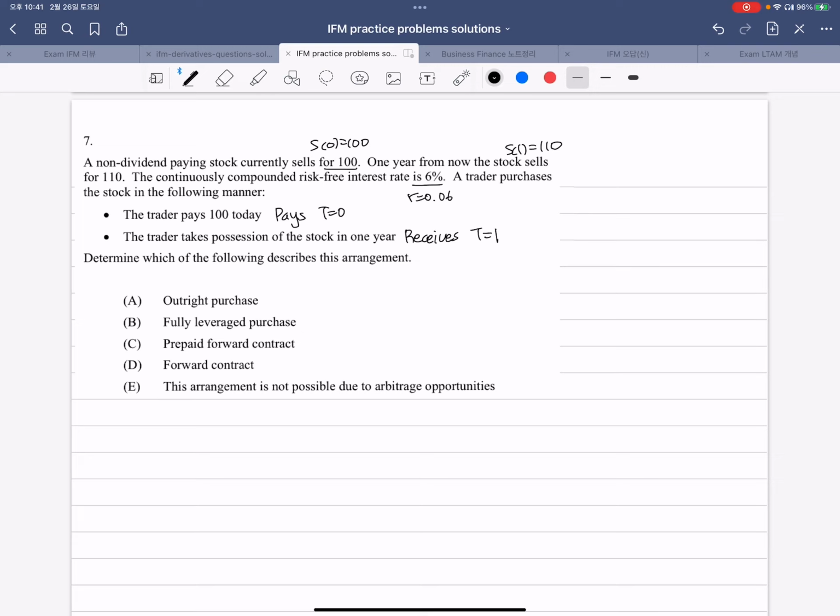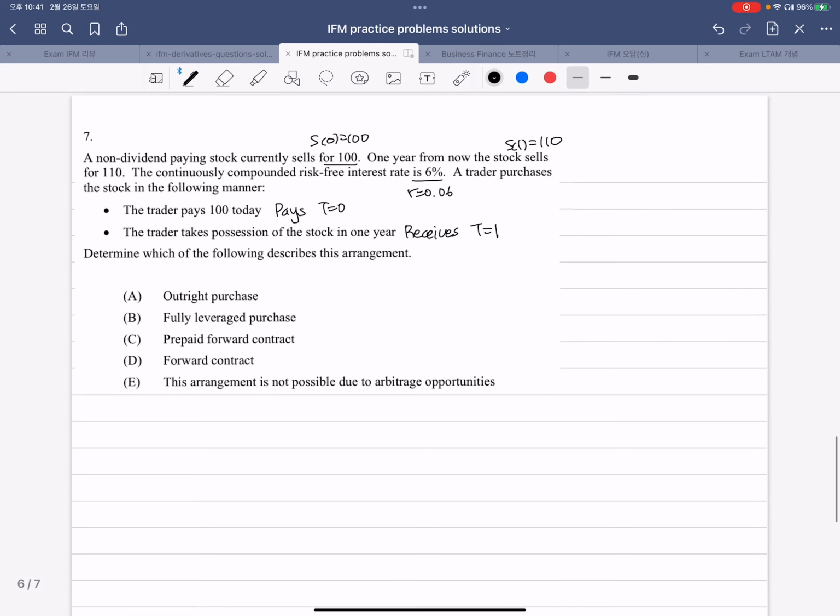And to review, I'll just write what these types of purchase methods are. So outright purchase is paying at time t equals 0 and receiving at t equals 0.